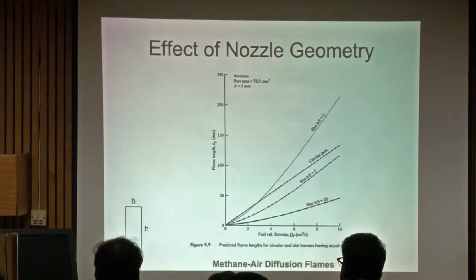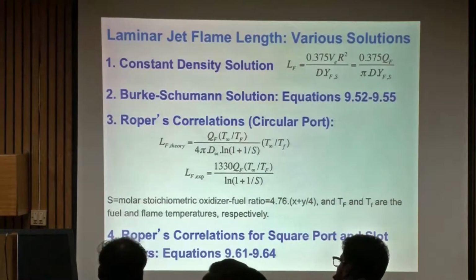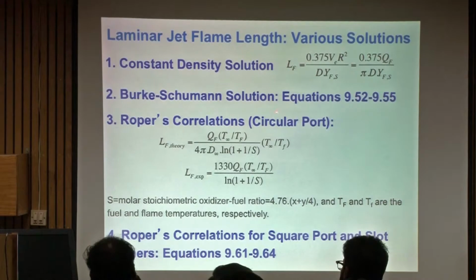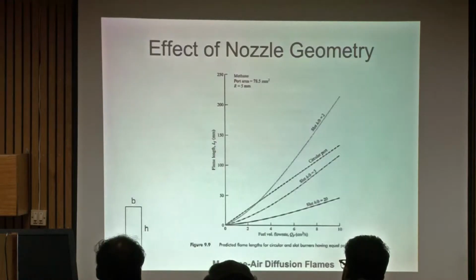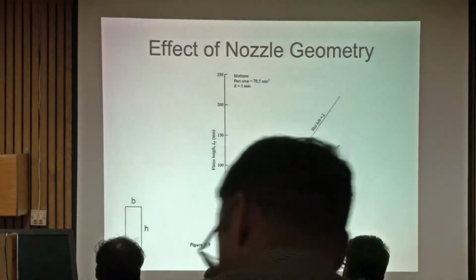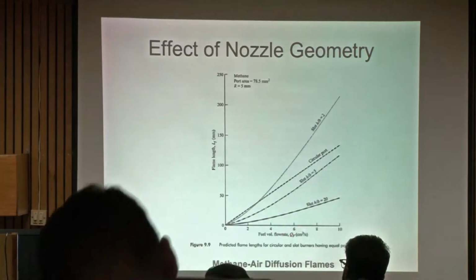This is taken from Turns' book. It plots the flame length versus the volume flow rate. If you look at this equation for the circular ports, it is linearly proportional to QF. So for a circular port, the flame length varies linearly with flow rate.